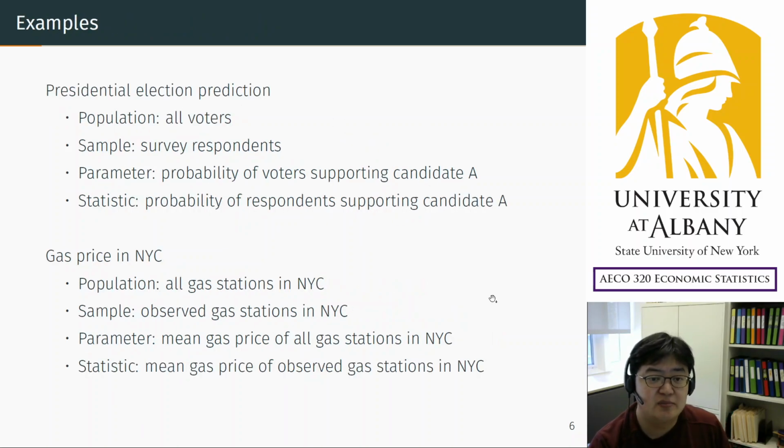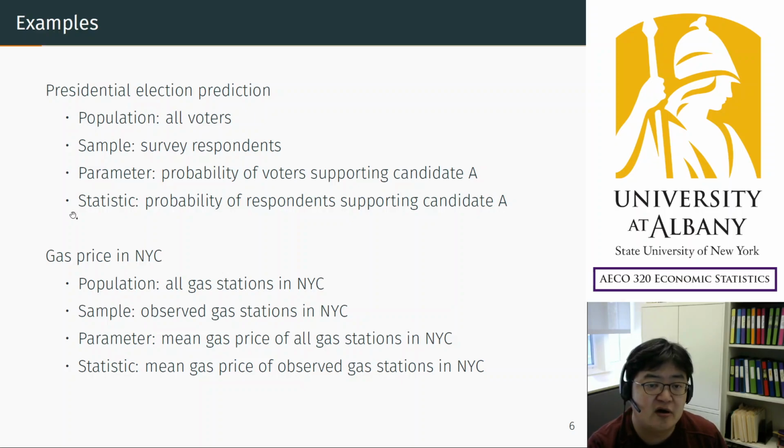Okay, here are some examples. In presidential election estimation, the population is all voters, and what you observe is survey respondents. The parameter you'd like to know is the probability of voters who would vote for candidate A. Here, it's all voters, so it's based on the population.